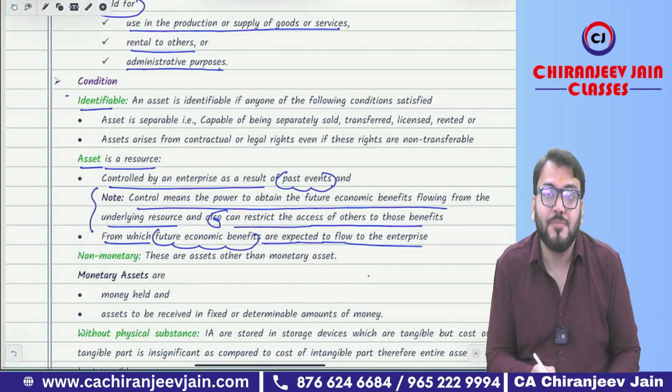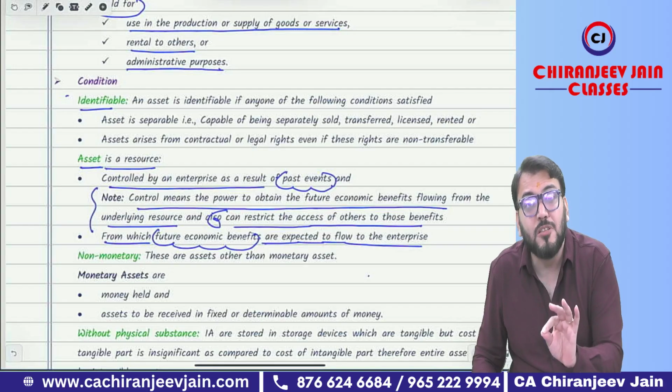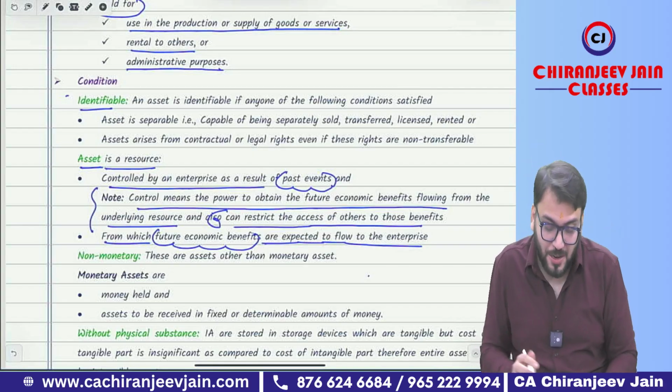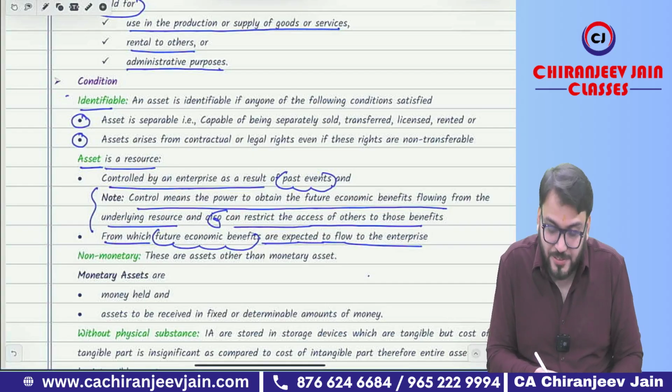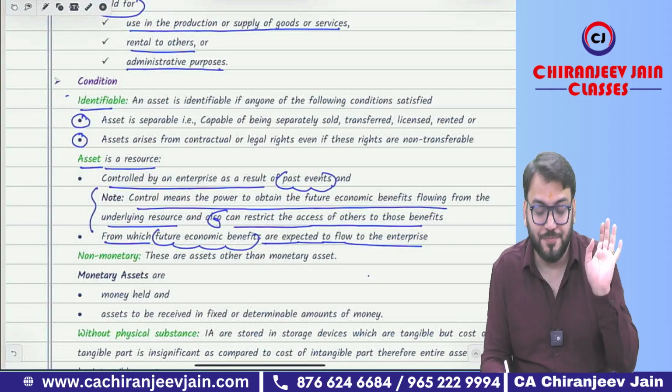What does AS26 say about identifiable? Any asset which satisfies any one of the following two conditions. They have given how many conditions? Two conditions; if any one of these is satisfied, it will become an identifiable asset.